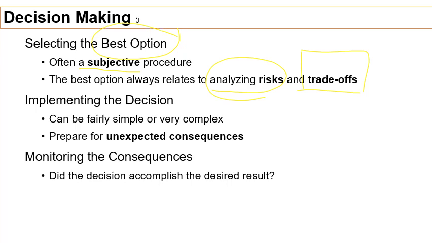After you have selected what the best option is, at least given what information you have at this point, what you need to do is come up with a plan to implement that decision. Okay. And the plan can be a simple thing. It could be just that what we need to do is change the price. That is a simple decision. Or it could be very complex.